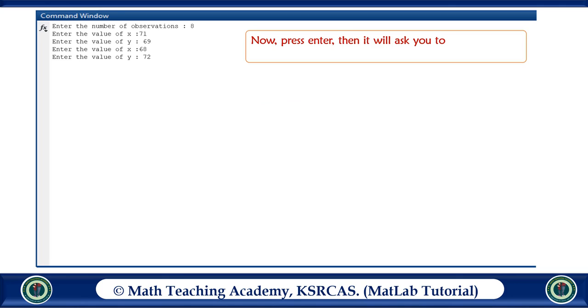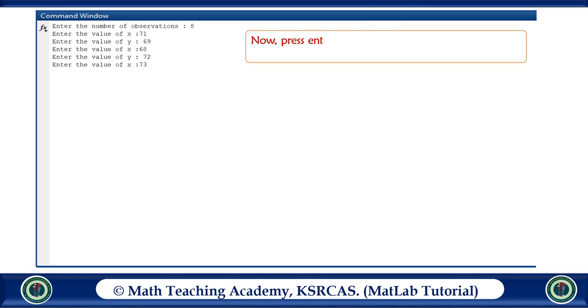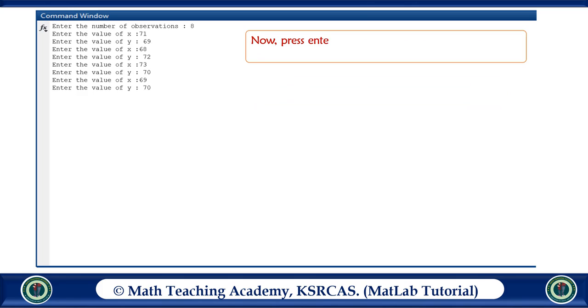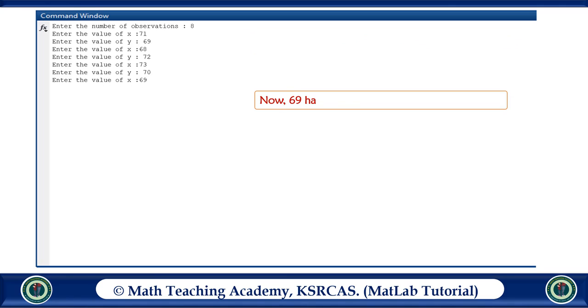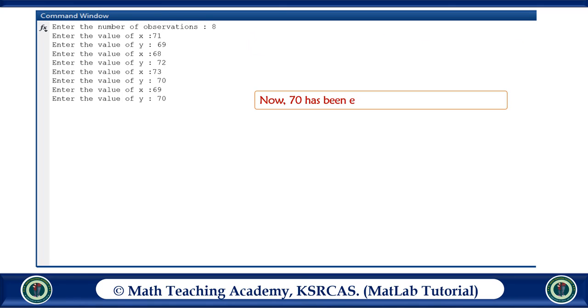Next x is 73 and y is 70. Then x is 69 and y is 70.